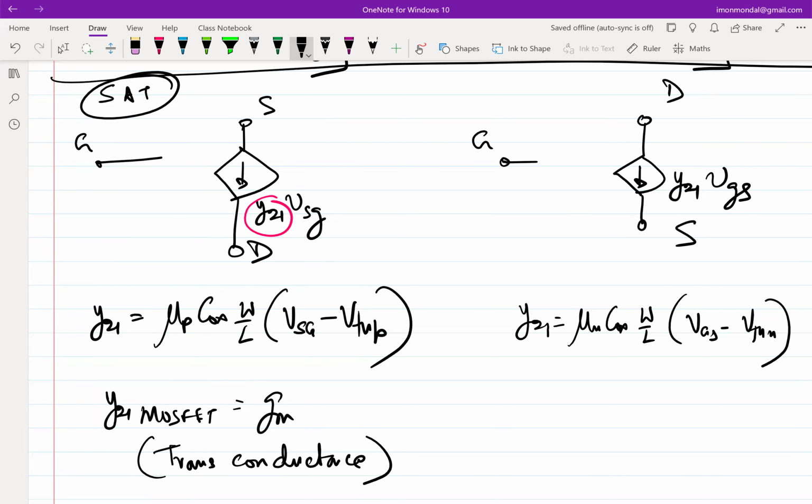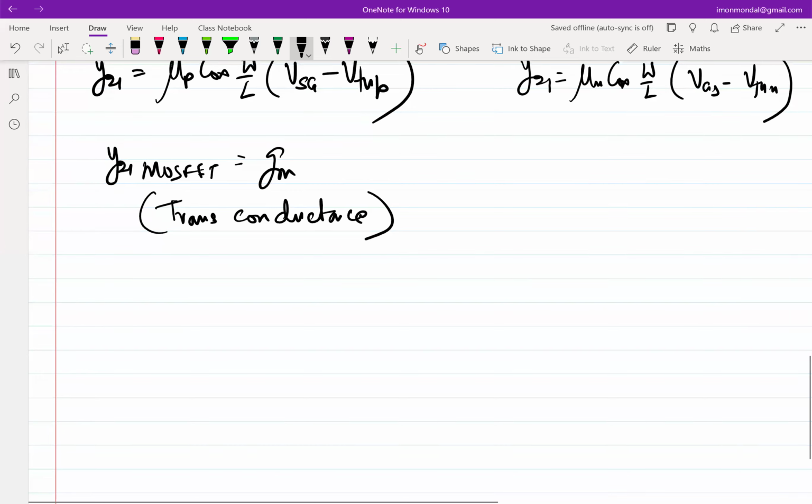Instead of writing the full name, we'll simply write it as GM, which refers to transconductance. From now on, I will not be writing Y21 times VGS or Y21 times VSG. It will always be GM times VGS or GM times VSG. Okay.